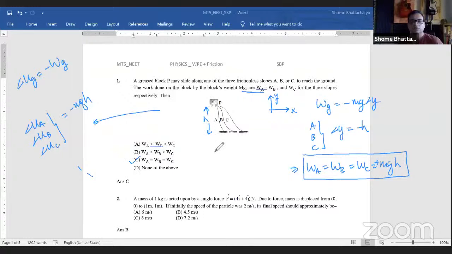So that is why the option C was correct. So this was a directly formula based question. Hope this was clear. So is the first question clear, Sarvesh?